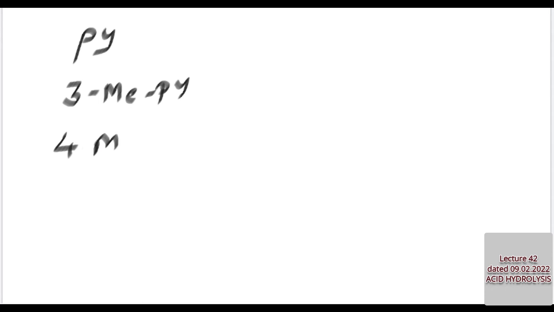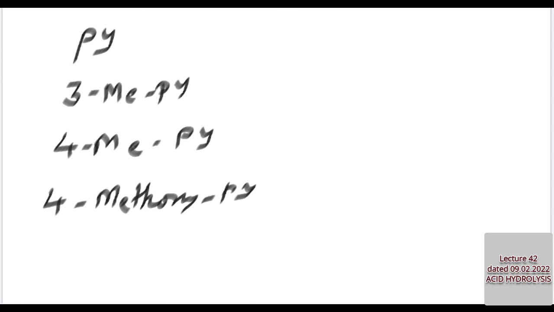We can consider only simple pyridine, or 3-methyl pyridine, or 4-methyl pyridine, or 4-methoxypyridine. If we see the pKb values, Kb means dissociation constant, and pKb means the power of dissociation.